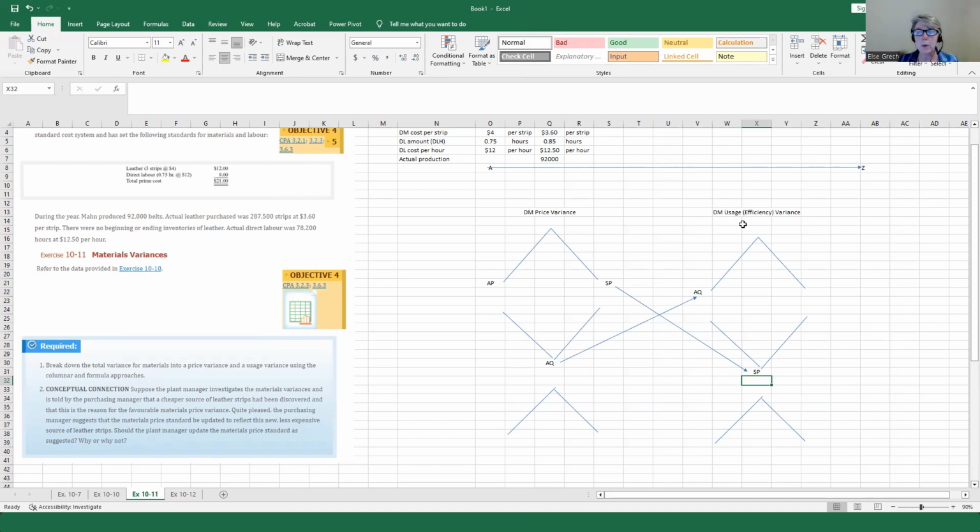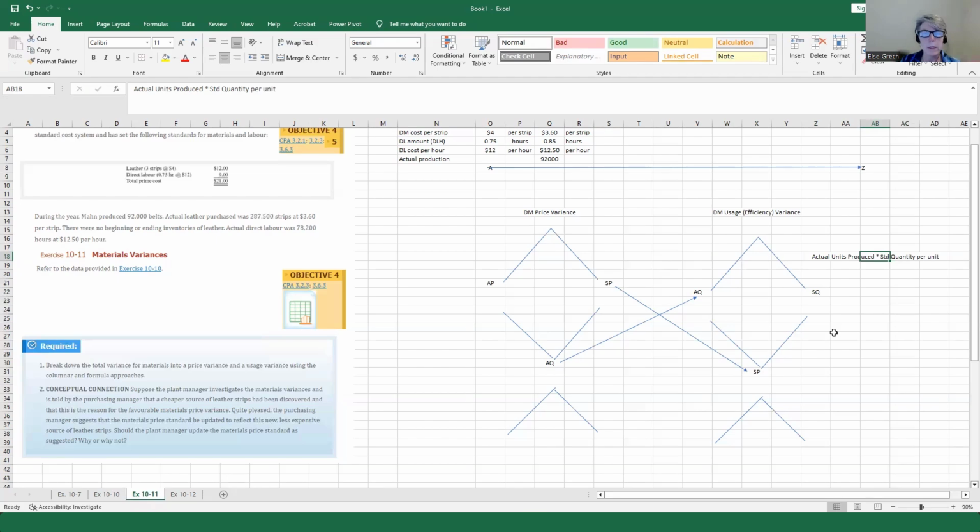So this is direct material usage. So we're talking about quantity. Now, this is where it gets a little complicated. This is standard quantity. Again, A to S, but standard quantity is calculated specially. It's calculated as the actual units produced multiplied by the standard quantity per unit.